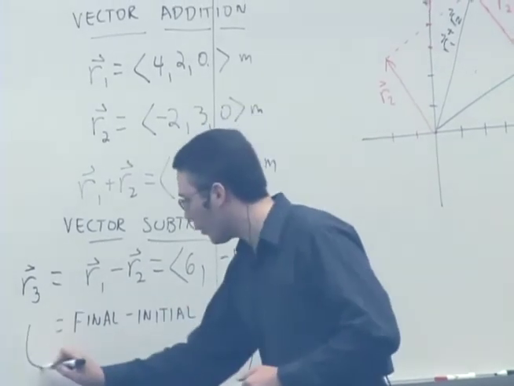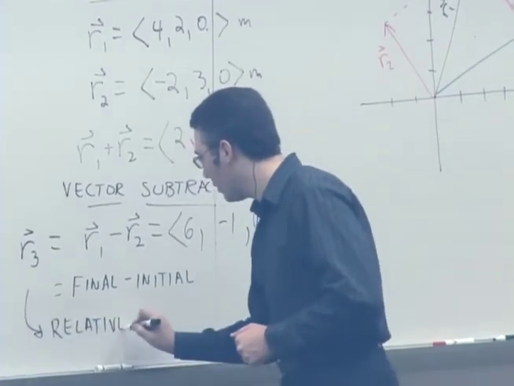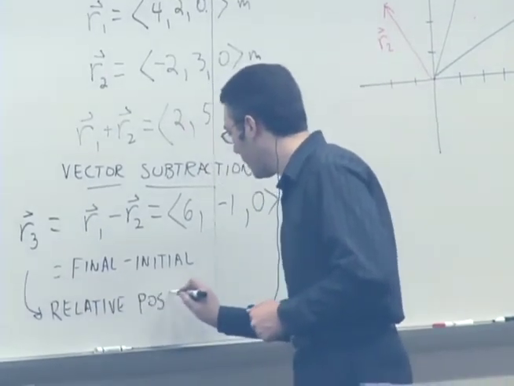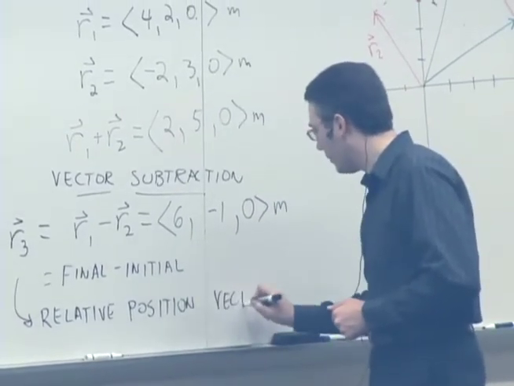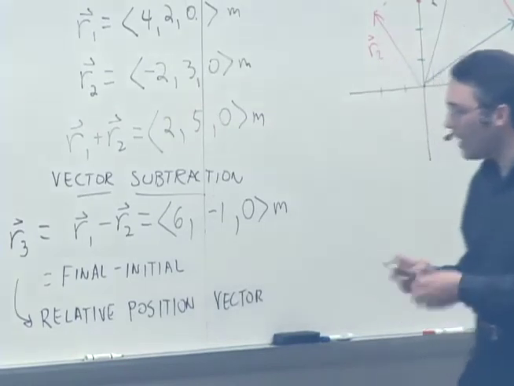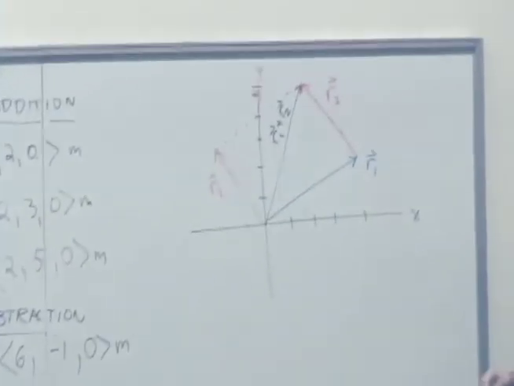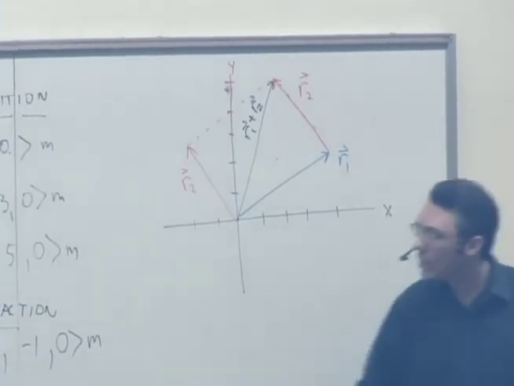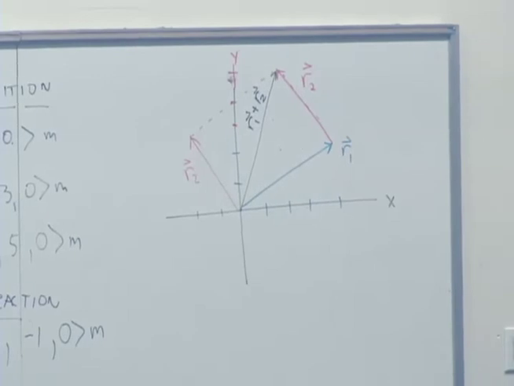This is sometimes called a relative position vector. So final minus initial, it's pointing from where to where in this case? Where should the tail of the vector be?